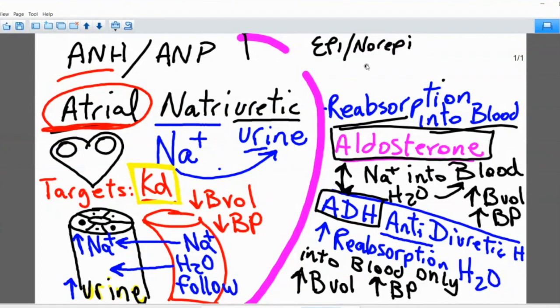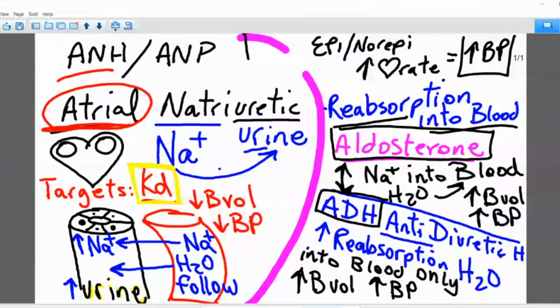What they do is one of them increases your heart's rate, and the other one makes it contract harder. See, when your heart is contracting harder and it's contracting faster, you increase your blood pressure.